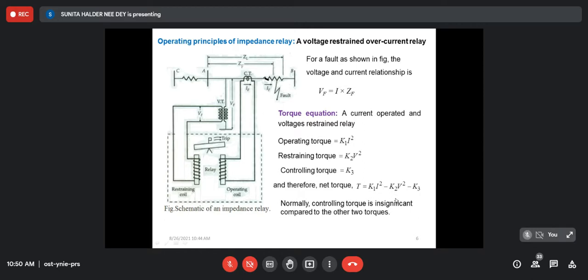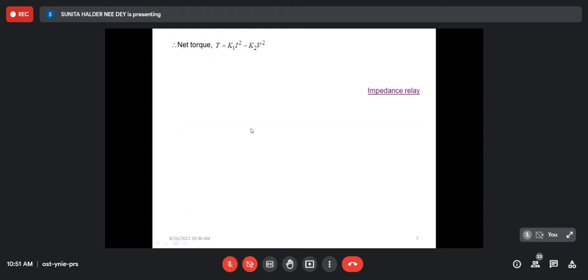But if we consider the exact operating condition, then obviously T equals K1I square minus K2V square minus K3. So this is the net torque. Under balance condition, we get that the V by I ratio is root over K1 by K2. So as per our desire, we can assume the desired voltage and current for which it will not operate. That means it is maybe the maximum load current.